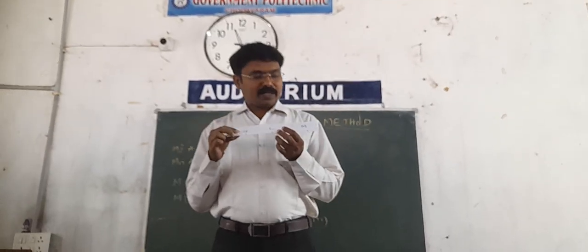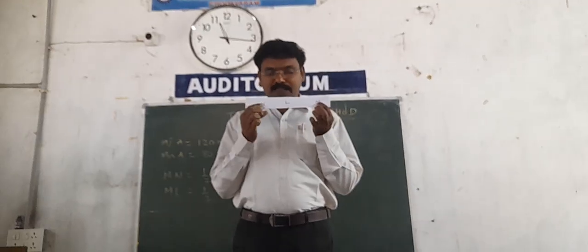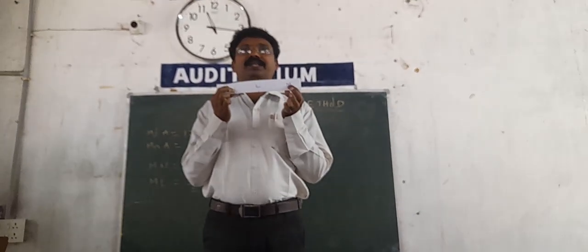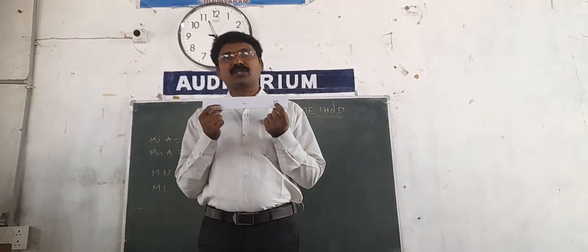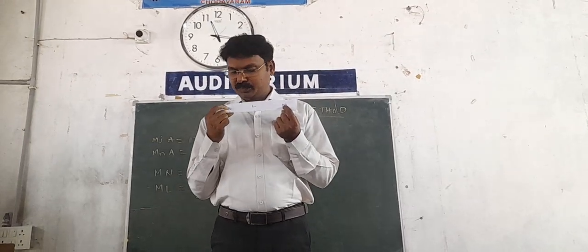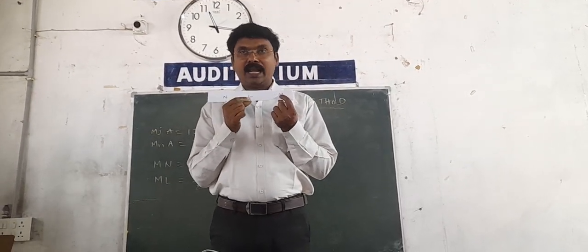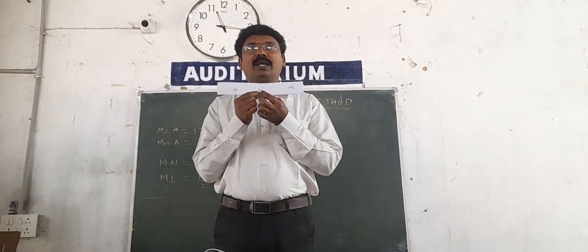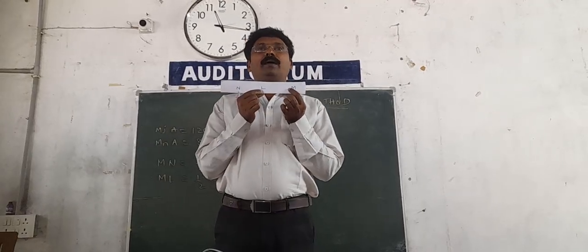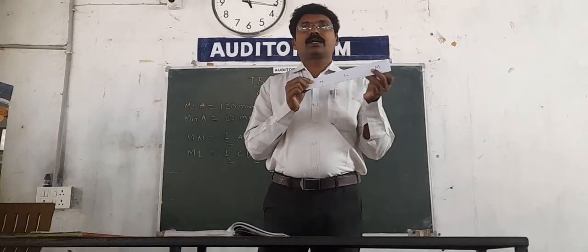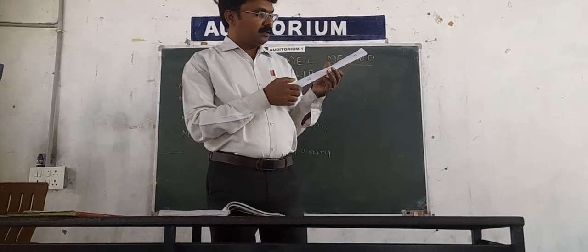Look at the point MN. This distance is half of the major axis. Now leave N and take L. How much should M to L be? Half of the minor axis. Okay, note this point.